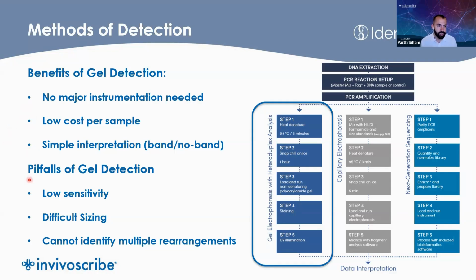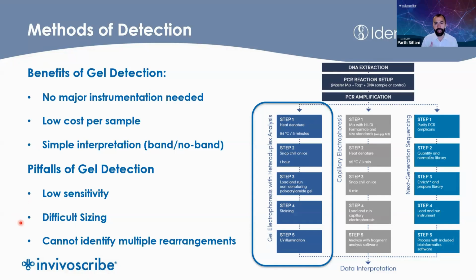Now, the downsides of gel detection are lower sensitivity. You saw what a 10% positive control looks like. Samples at about 5–6% become a little bit harder to detect by gel detection and can have a very, very faint band. Sizing, of course, is a potential issue.